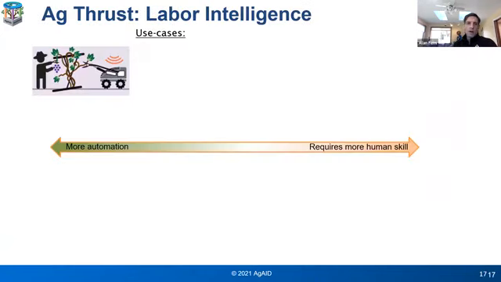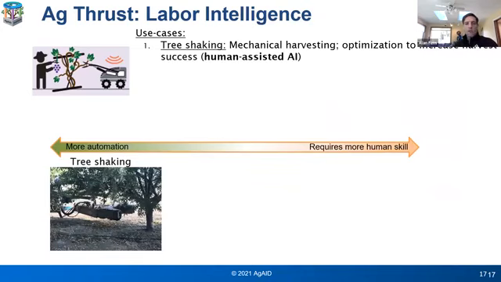Now, labor. So this is one of our other ag thrusts. We've got a few problems that we're looking at, a few use cases. One is tree shaking. So for some reason, I got to this point in my life without ever thinking about how nuts are harvested, or at least some nuts are harvested on trees. And they've got these giant tree shakers. They drive them up, grab onto the tree, and they shake it. And this is a skilled job because you don't want to shake too hard.